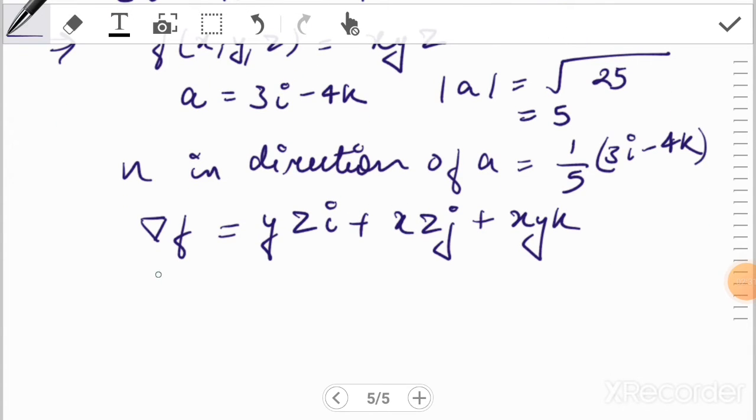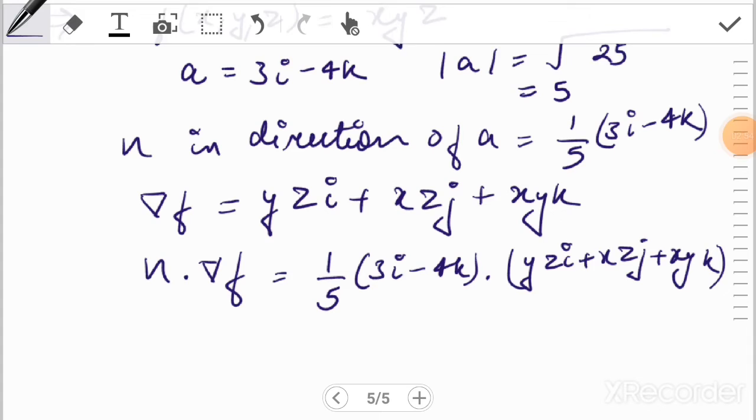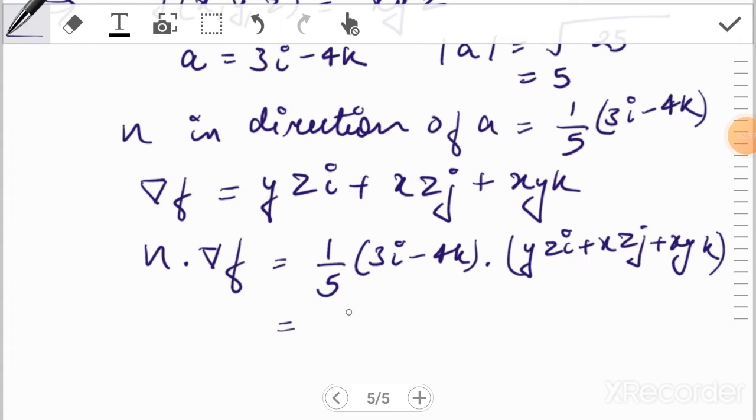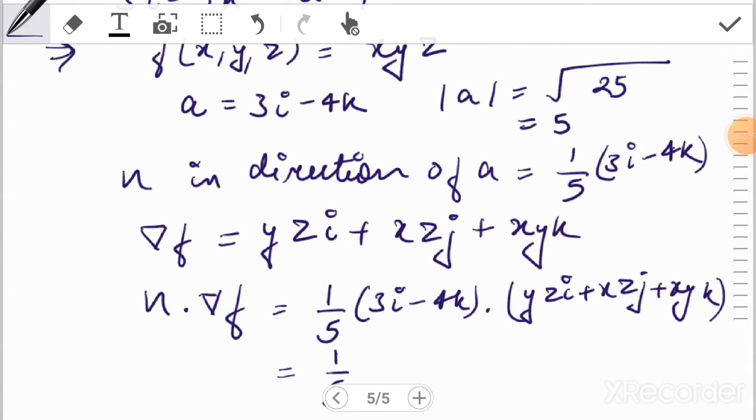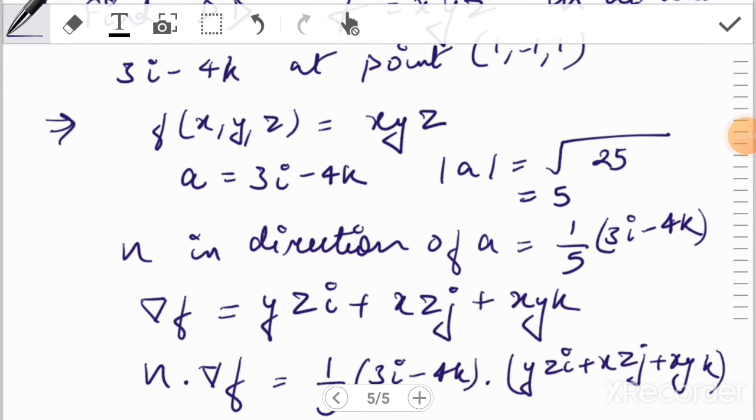Now the directional derivative, so the answer will be 1 by 5 3i minus 4k dot yz i plus xz j plus xy k. So let us put the value of x, y and z, 1, minus 1 and 1 respectively.